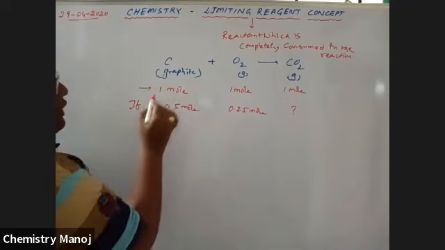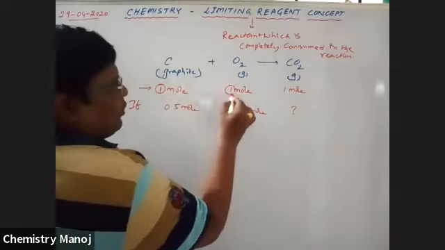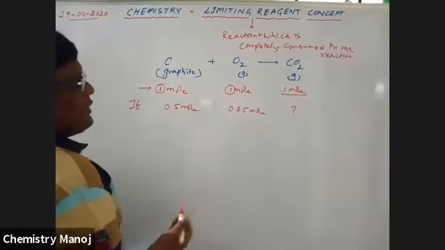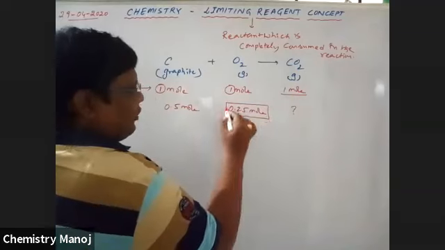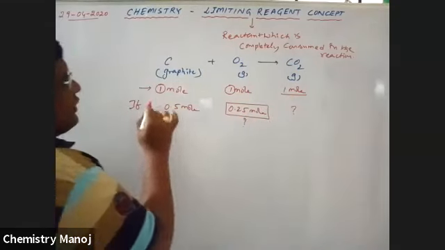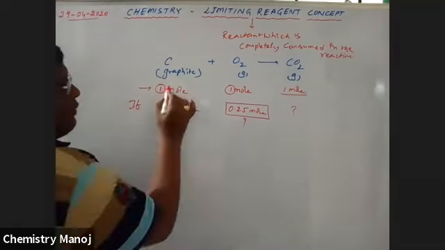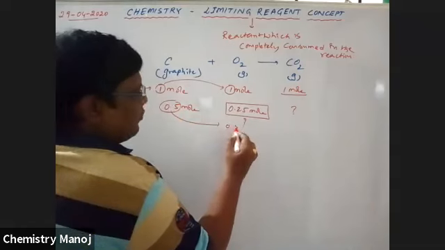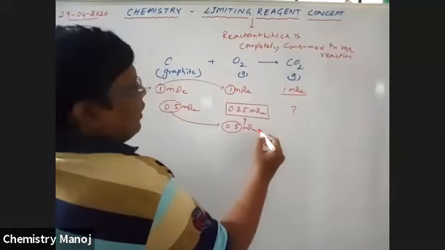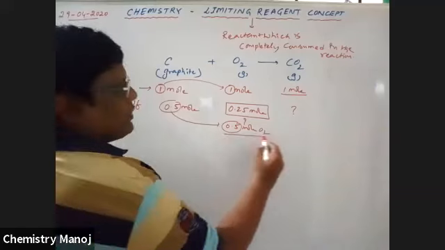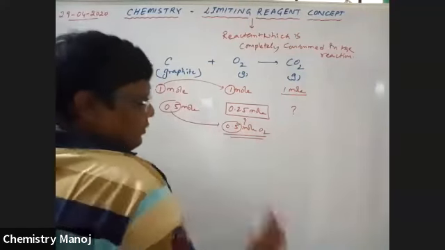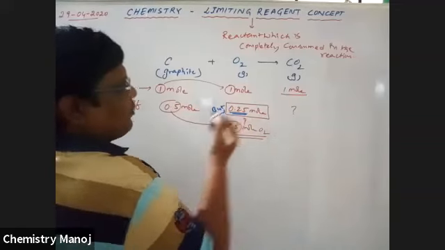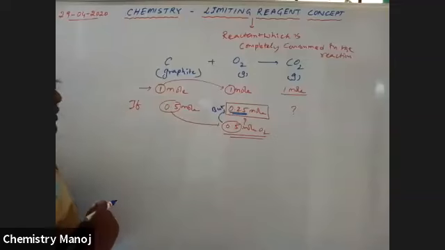From our stoichiometric condition, 1 mole carbon requires 1 mole oxygen, that gives 1 mole carbon dioxide. If this value is not given, I want to find out how much is actually required for this 0.5 mole. 1 mole requires 1 mole oxygen, so 0.5 moles requires 0.5 moles oxygen. 0.5 moles oxygen is actually required, but the given value is 0.25.